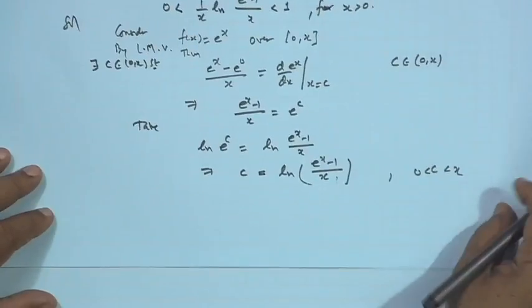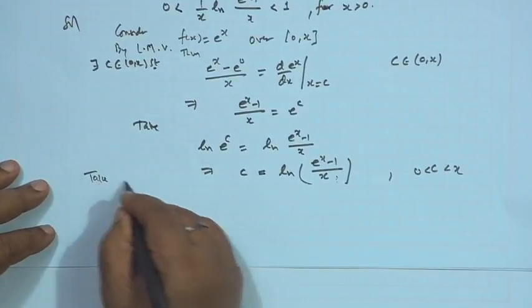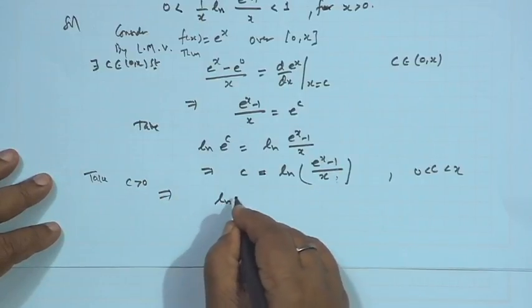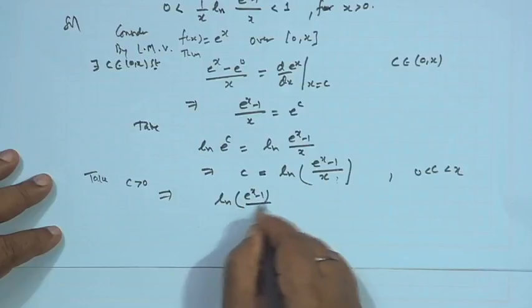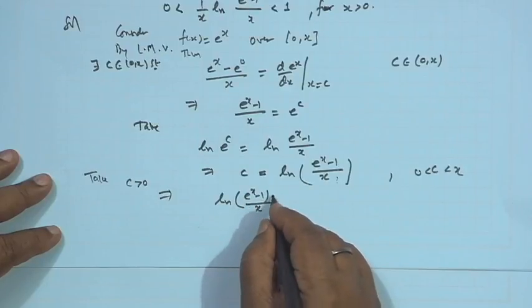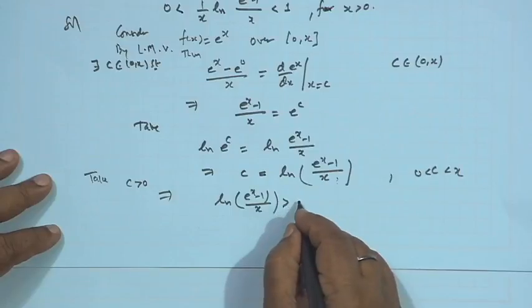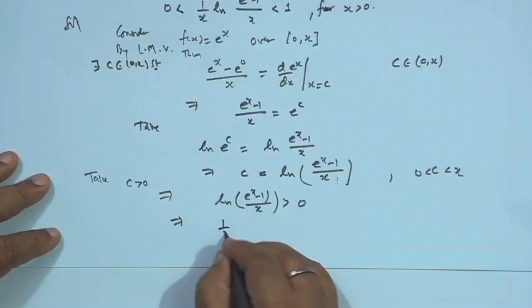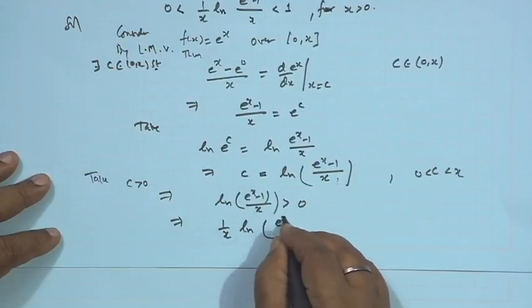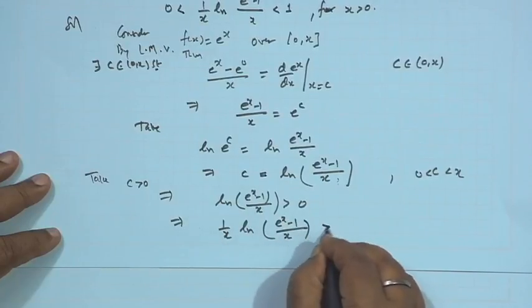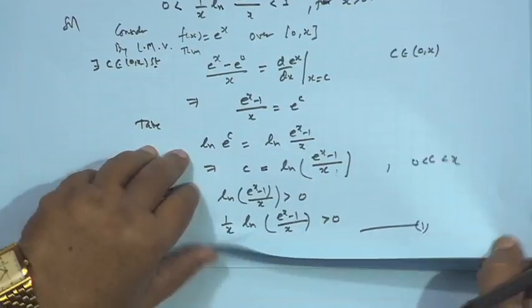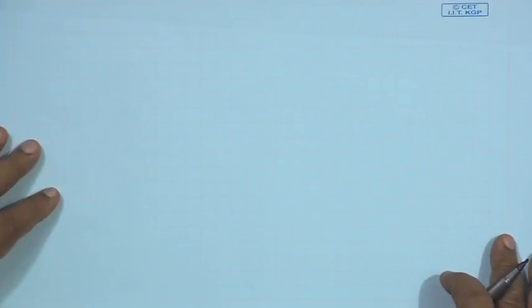Now, if we take c to be greater than 0, then obviously ln((e^x - 1)/x) will be greater than 0, but x is also positive. So, this implies that (1/x) ln((e^x - 1)/x) will also be positive. So, that is the first part of this result. The second side is obtained like this.